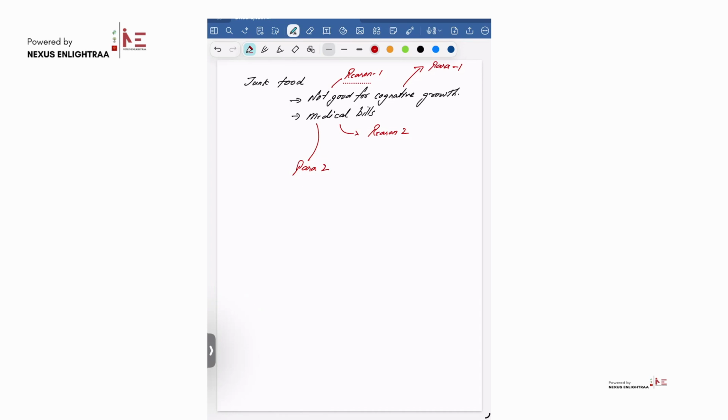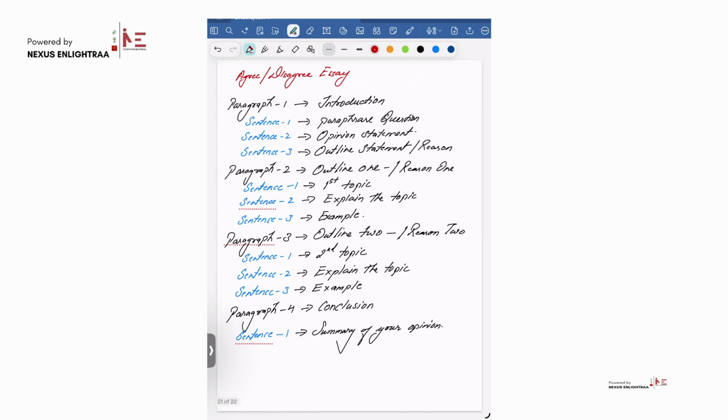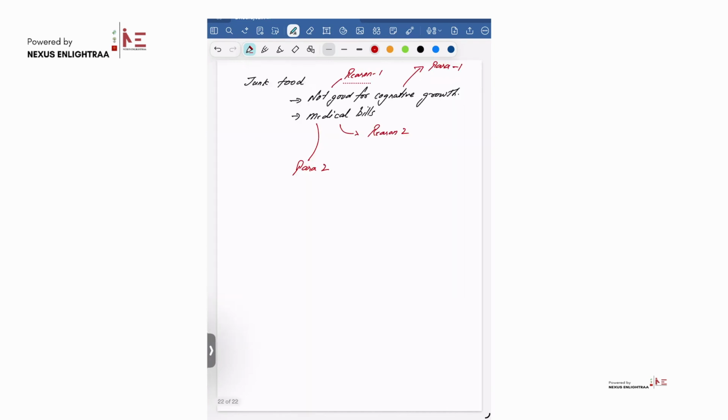So when you say two reasons, let's say this is your outline, this is your reason statement, and you're giving two reasons. I would completely agree that junk food should be banned because it is not good for cognitive growth and it also increases your medical bill. Or you can say it gives you health issues.